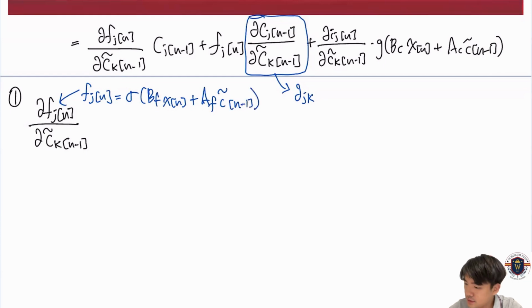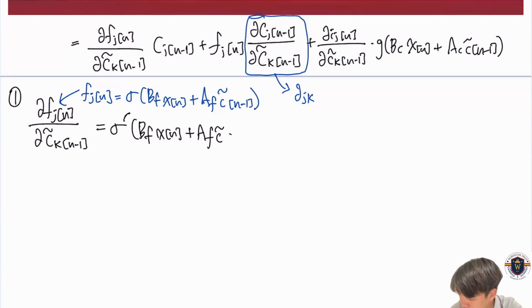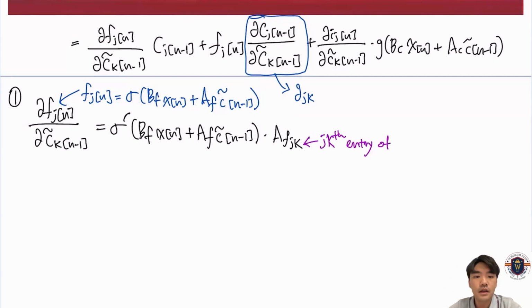And thus this thing over here is the derivative of the sigmoid function of Bf xn plus Af C tilde n minus 1, multiplied by Af, the jkth entry of the matrix. All right, so this was the first thing that we had to do.